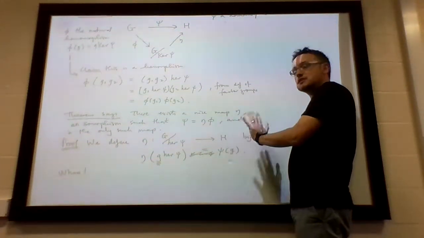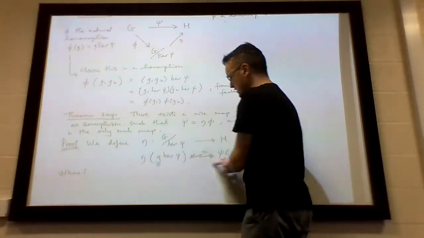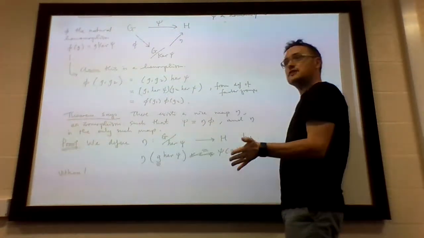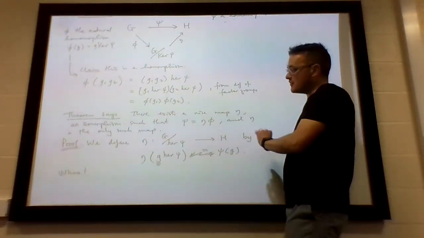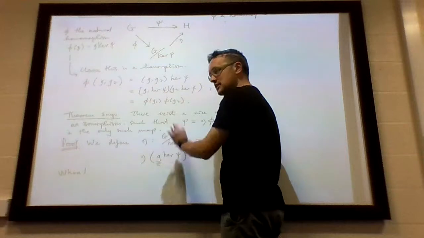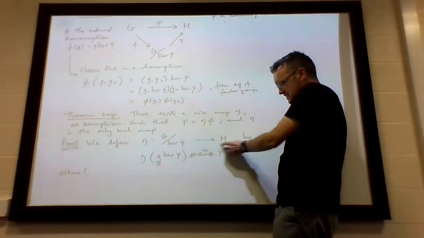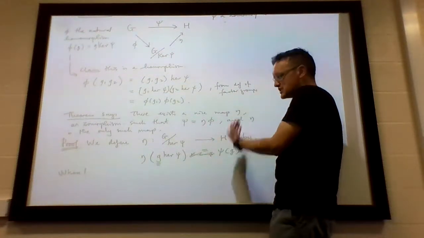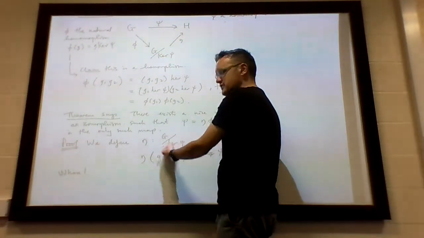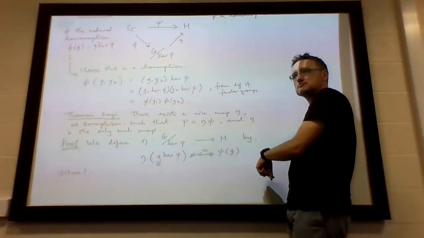So the caution here is: is this definition well defined? Is it valid? Because if I could represent the same coset with an alternative element and got a different value over here, then this wouldn't be a good definition, because it would depend on which representative of this single coset you use to do the calculation.